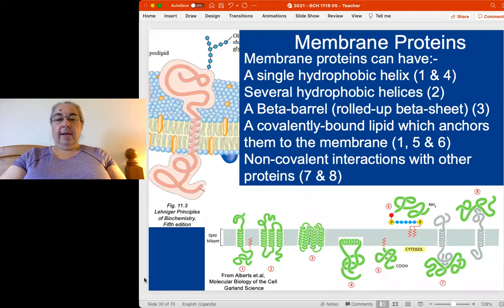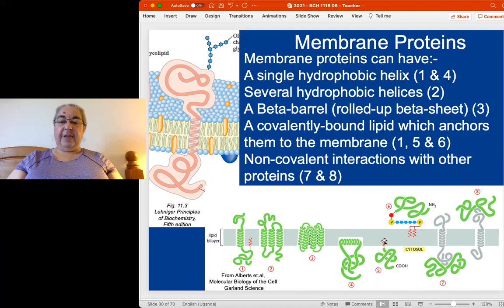Okay, so there are a number of different ways that membrane proteins can have this sort of hydrophobic part. This is what we've already seen. This is a very similar protein to this one with a hydrophobic alpha helix in the middle and a hydrophilic head and tail. But this particular protein also has a lipid anchor. Part of the protein is actually a lipid, and that also makes an association inside the membrane.